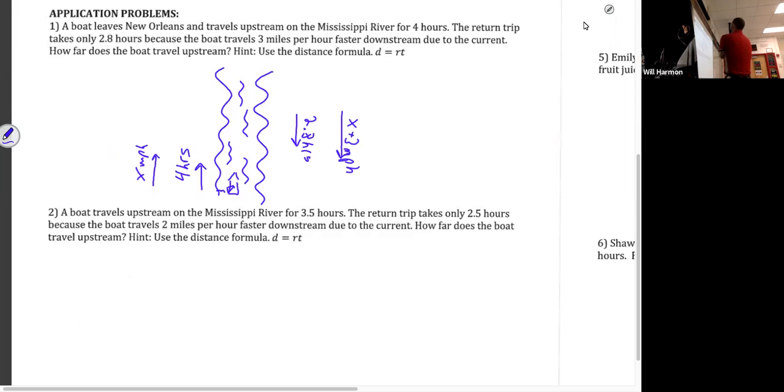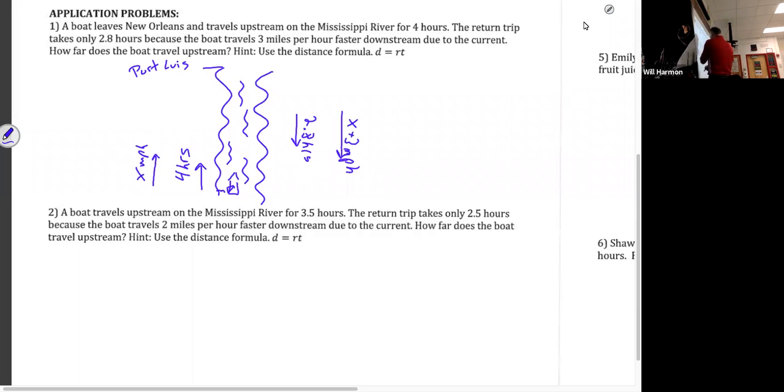Now it says, how far does the boat travel upstream? Wow. It's a tough one, right? Now, here's the question. Let's say I'm going up here to Port Louis, right?